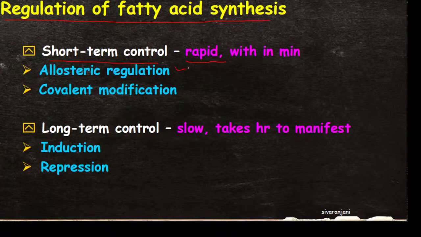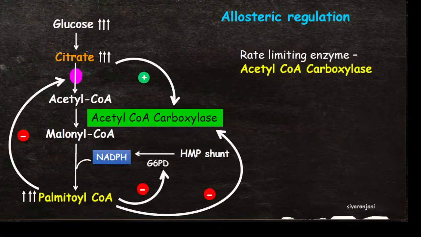So there are 2 types, allosteric regulation and covalent modification. And long term control is a slow process and it takes hours to manifest, but it is a permanent thing, that is, it lasts a longer period of time. So this can be done by enzyme induction or by enzyme repression. Induction means activating the enzyme, repression means deactivating the enzyme.